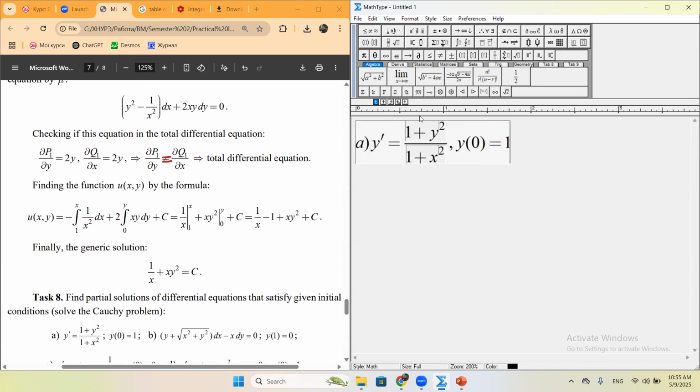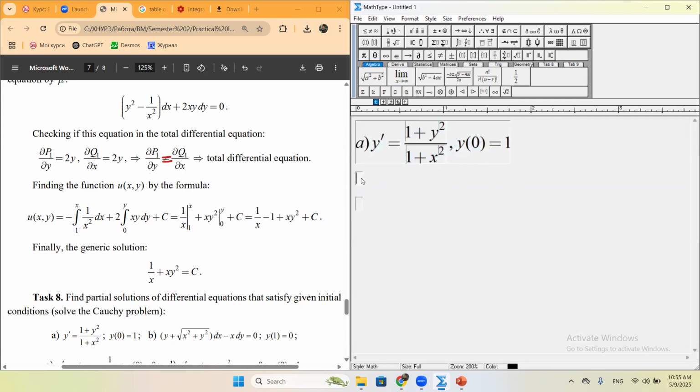So it is a Cauchy problem. This condition is called the initial condition or Cauchy condition, and the equation together with the initial condition is called a Cauchy problem.